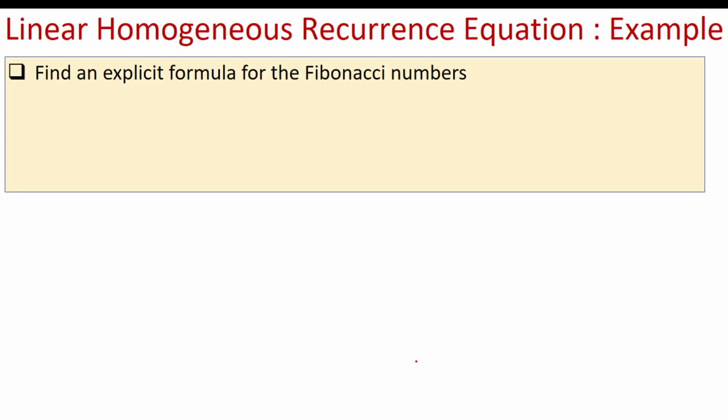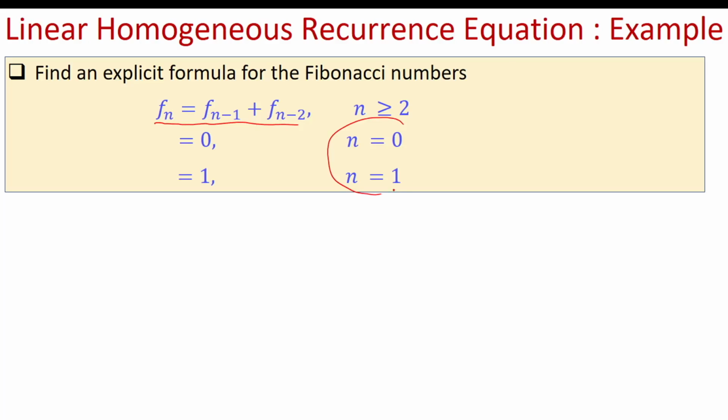We now want to find out an explicit formula for the nth term of the Fibonacci sequence. Just to recall, the nth term of the Fibonacci sequence is the following. The nth term depends on the previous two terms, and the initial conditions are this.